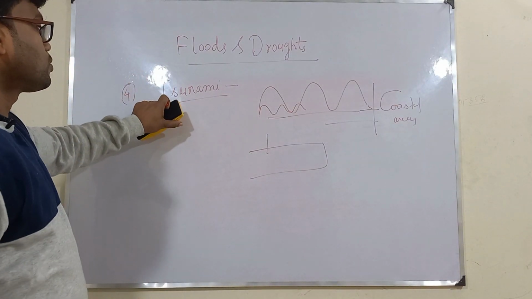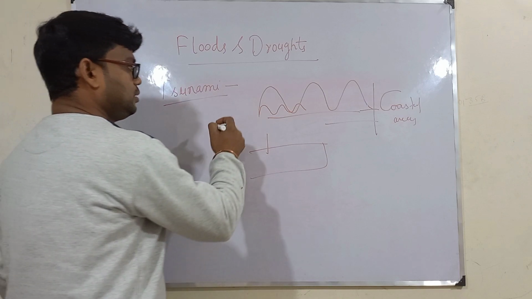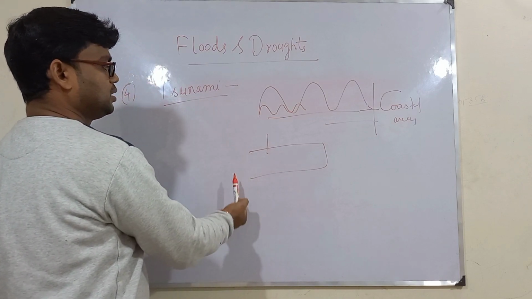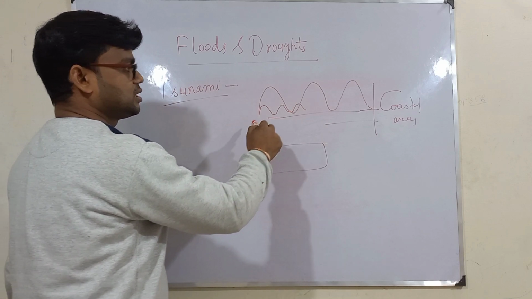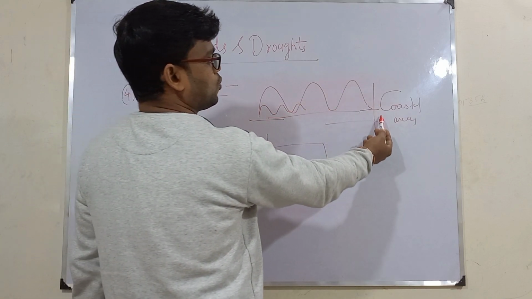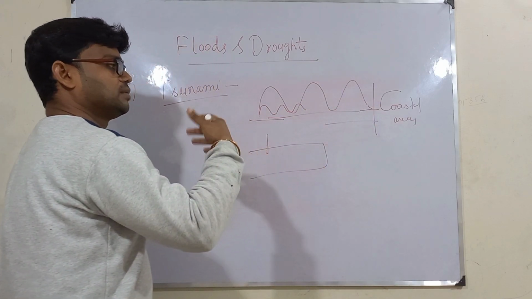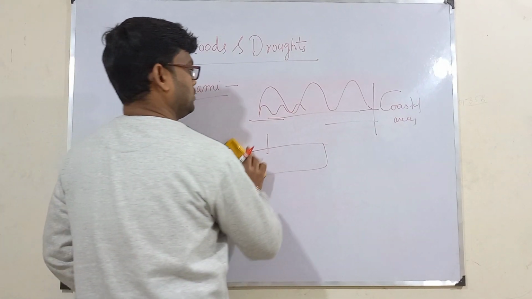Okay, so the fourth point is tsunami. You can write it down: tsunami is an underwater earthquake which leads to an increase in the size of the ocean waves, and when these ocean waves reach the coastal areas, they deposit a large amount of water there, causing floods in the coastal areas.